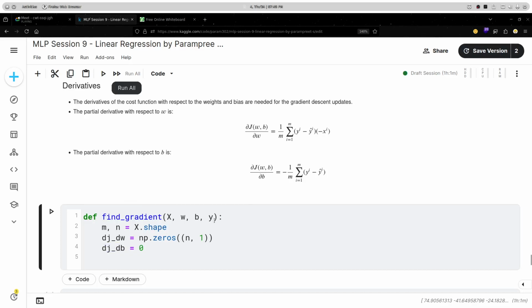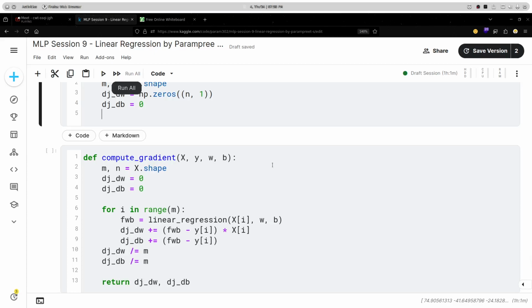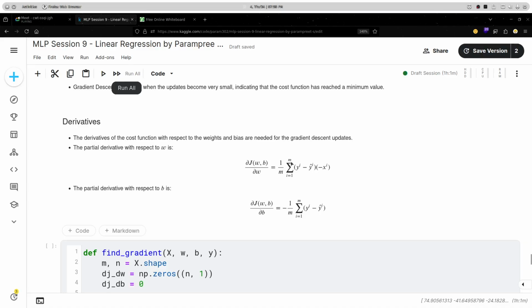Now to find the gradient, we have to go over all the training examples, and for the w value, we have to compute the mean square error, and then find the gradient and subtract. Basically we have to sum over all the training examples.